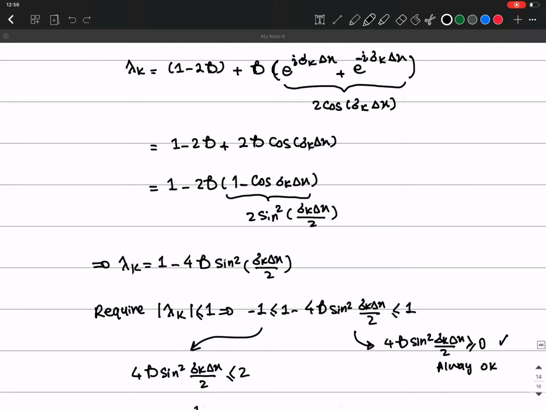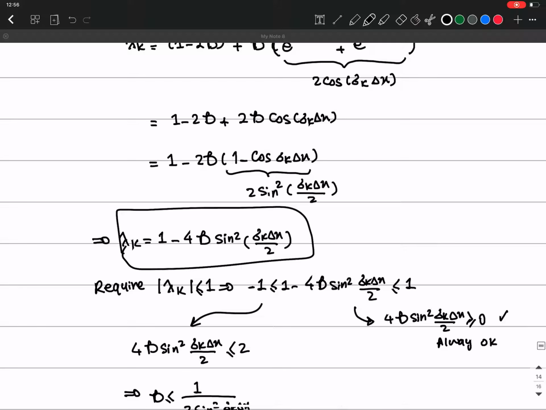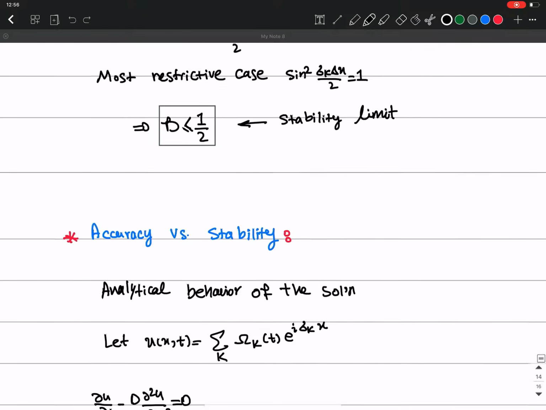For example, this one is the amplification factor for this specific numerical approach.